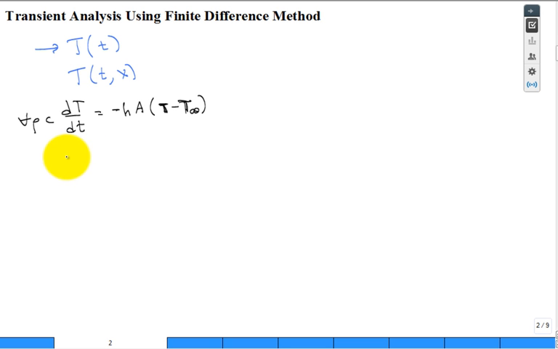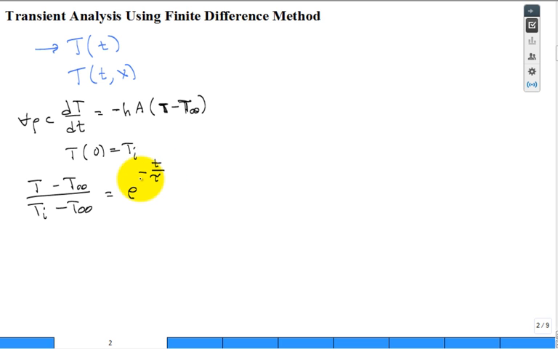And we had an initial condition that T at time equal to 0 was some Ti. We separated and integrated, and we got a solution that was temperature at all future times minus the fluid temperature, divided by the initial minus the fluid temperature. So it's a ratio of temperature differences equal to e to the minus t over tau.